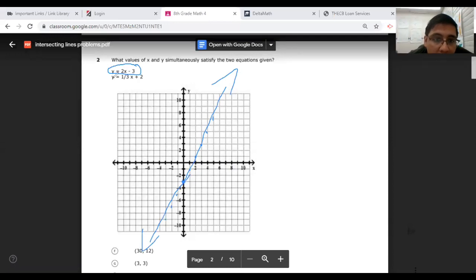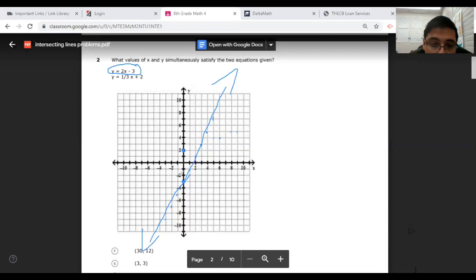And we have this one, which starts at 2. And then our slope is up 1 over 3, 1, 2, 3. Up 1 over 3 again. Didn't do that right.